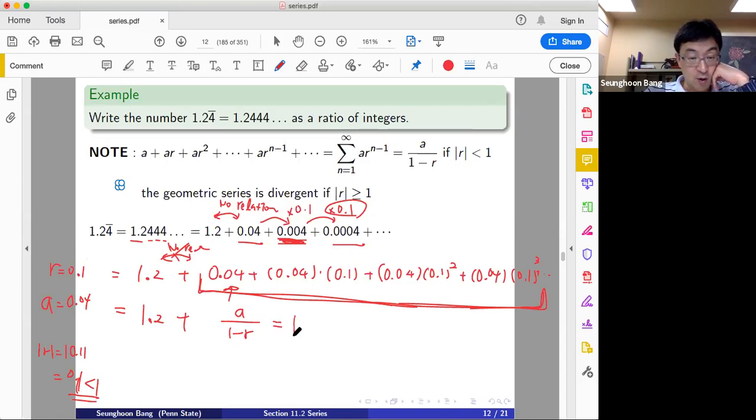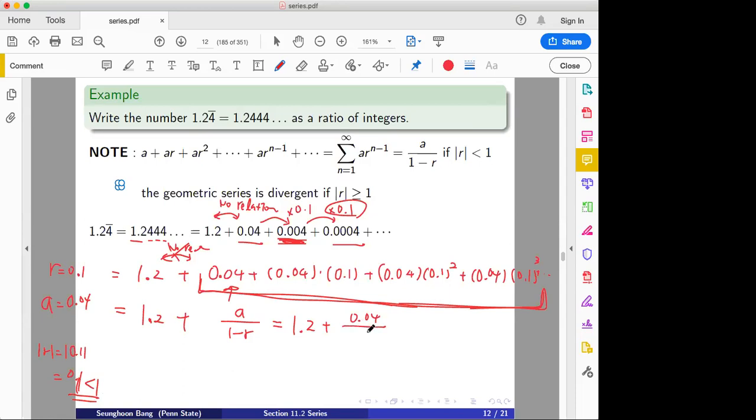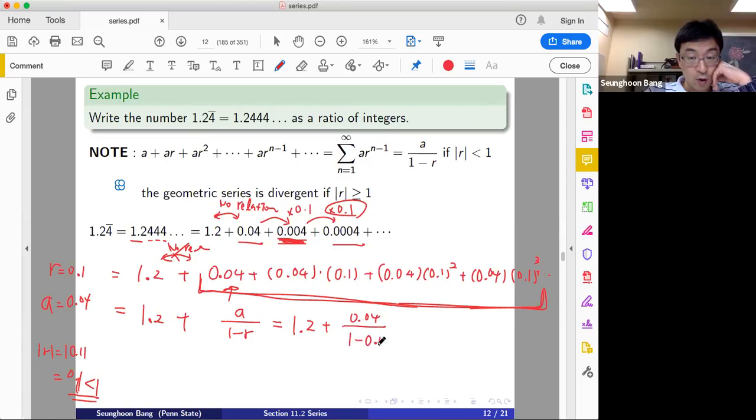So we have 1.2 plus, what is A? 0.04 over 1 minus 0.1. We have 1.2 plus 0.04 over 0.9. So what's that? You can change it to a ratio of integers.